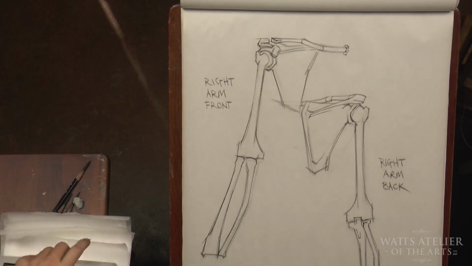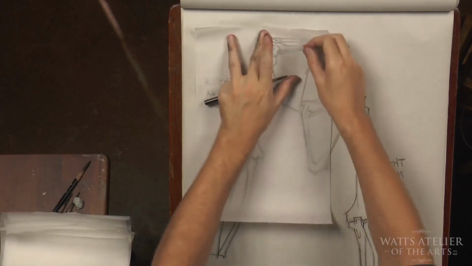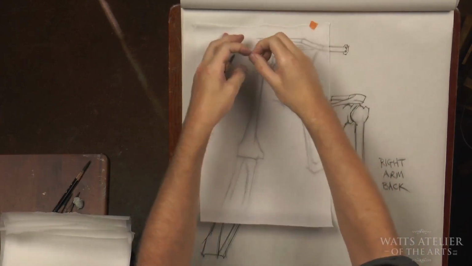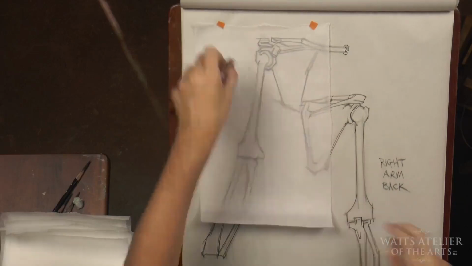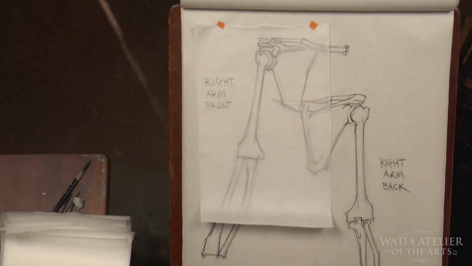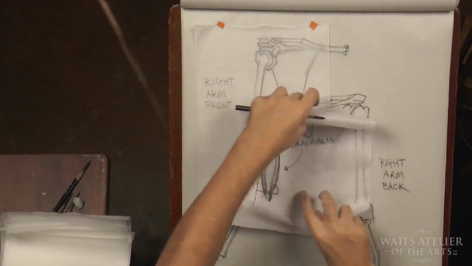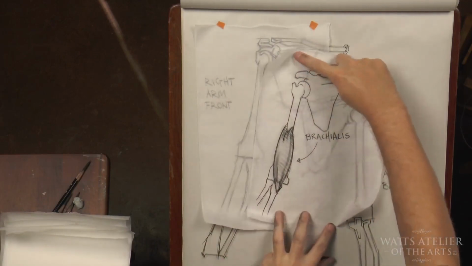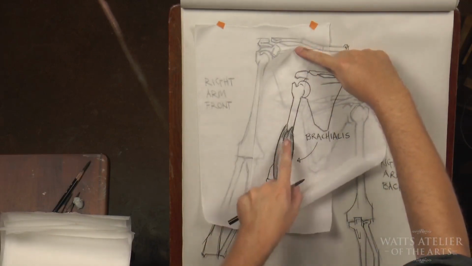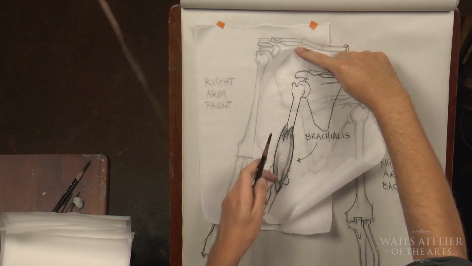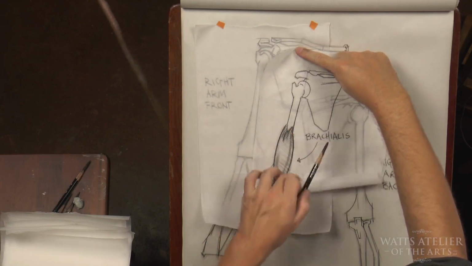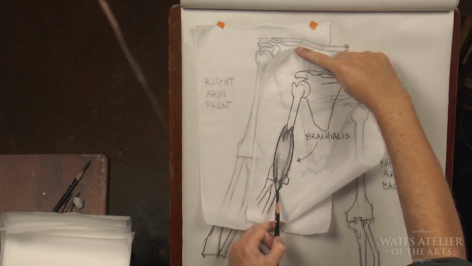So we have coracobrachialis, and then we just have the brachialis. We have it right here. So we have brachialis, and you can see it sits way down here. It attaches up onto the humerus, and then comes down and connects to the ulna, right down on here.